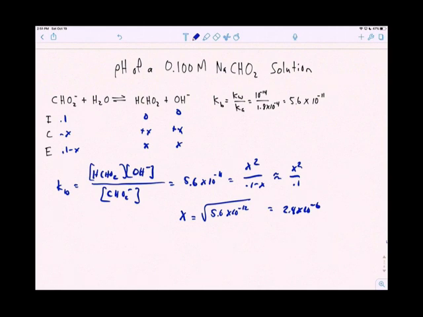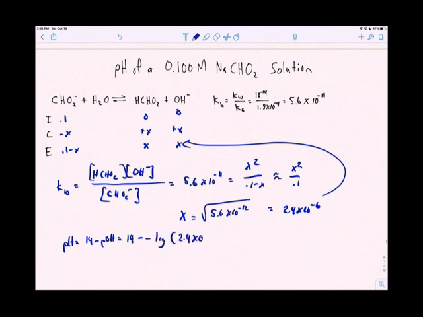Then we plug this back in here, and the pH is 14 minus the pOH, equals 14 minus the minus log of 2.4 times 10 to the minus 6, equals 8.38. And there's the answer.